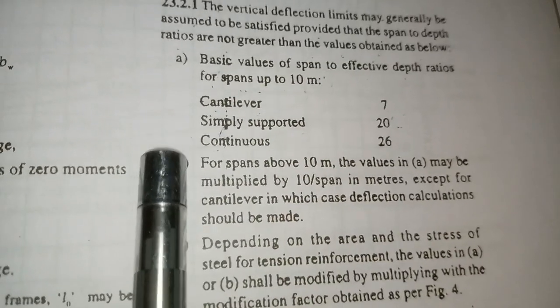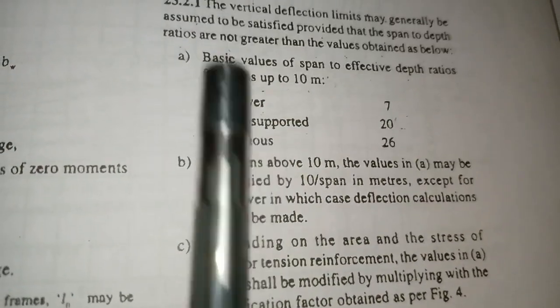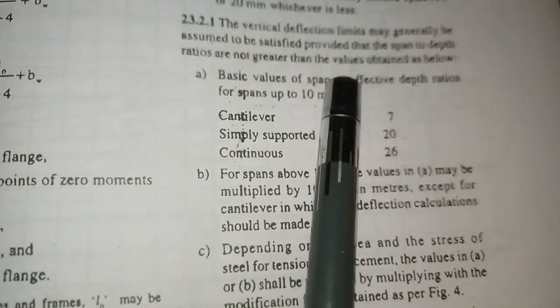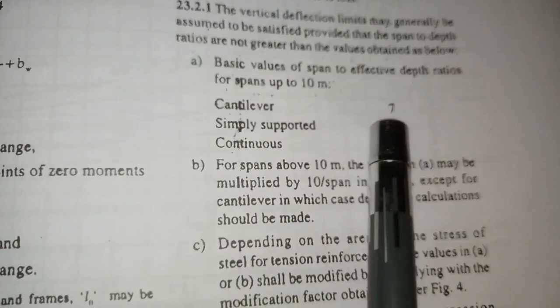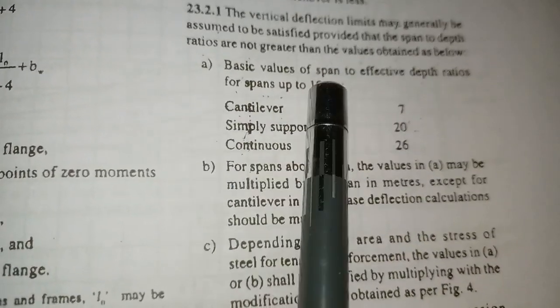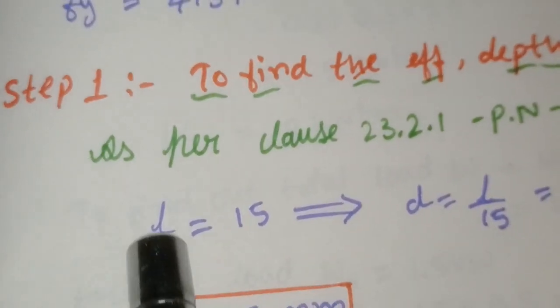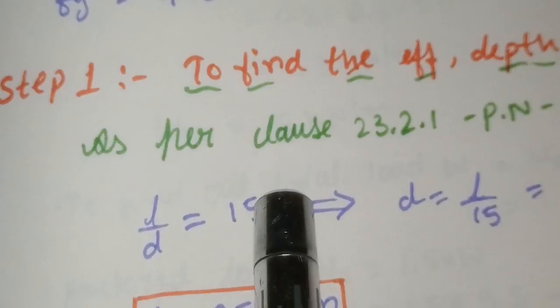Now we are designing the simply supported beam, so our L by D ratio should not be greater than 20. I'm taking our L by D ratio as 15.